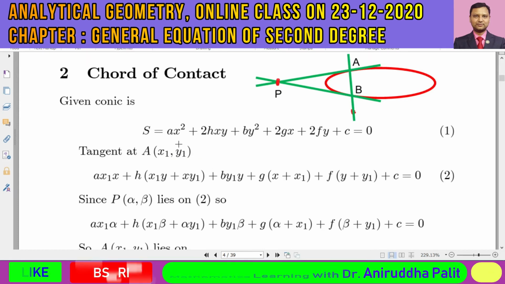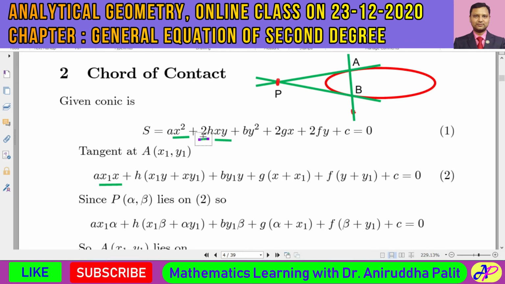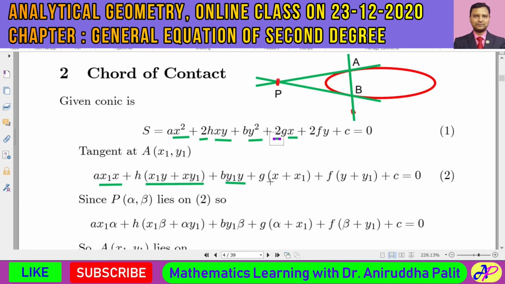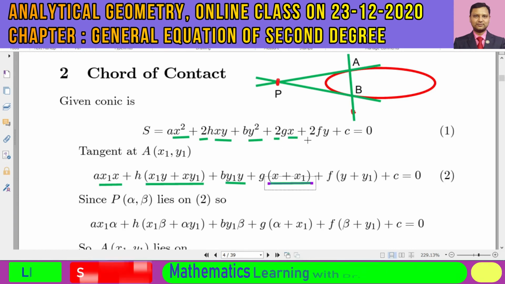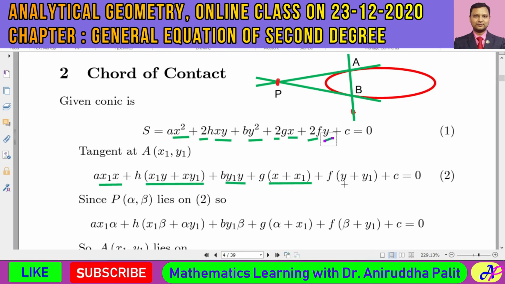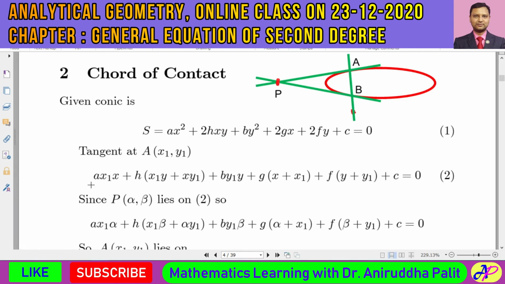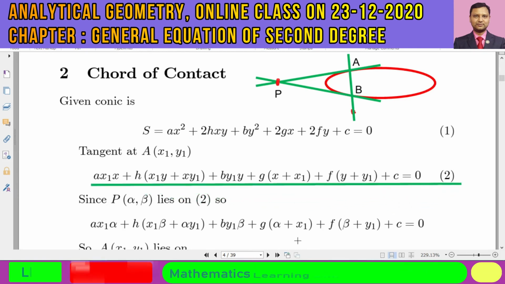Then x square has to be replaced by x x1, 2 into xy would be replaced by x1 y plus x y1, then y square is to be replaced by y y1, 2 into x has to be replaced by x plus x1, and 2 into y has to be replaced by y plus y1. So in this way we will get the equation of the tangent at the point A.